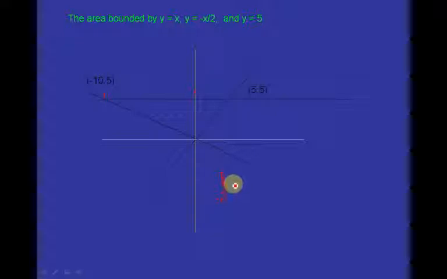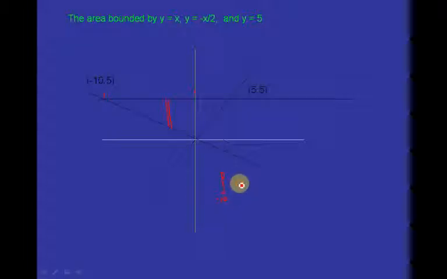So we're going to be trying to find the area of that triangle there. And what is that? Well, since we're going to be in terms of x, dx, here's our dx on this particular one. Our equation looks like it should be y equals 5, the upper bound, minus the lower bound.